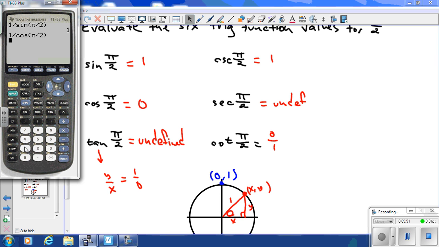And the cotangent is 1 divided by the tangent of pi divided by 2. And we should get 0. I forgot, oops, sorry about that. I'll have to fix that one later.